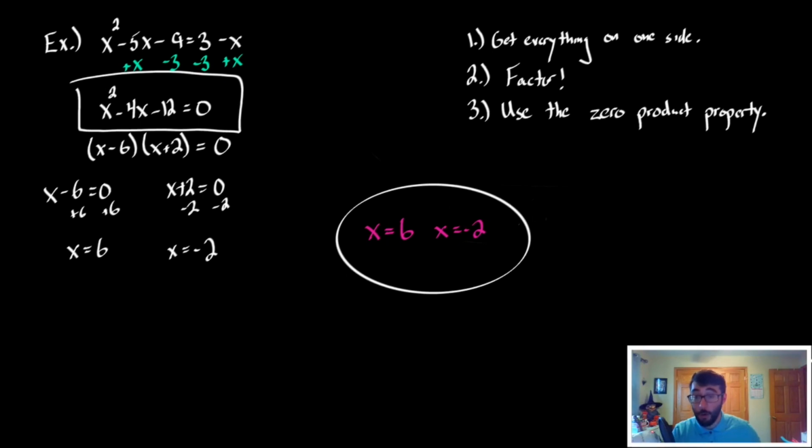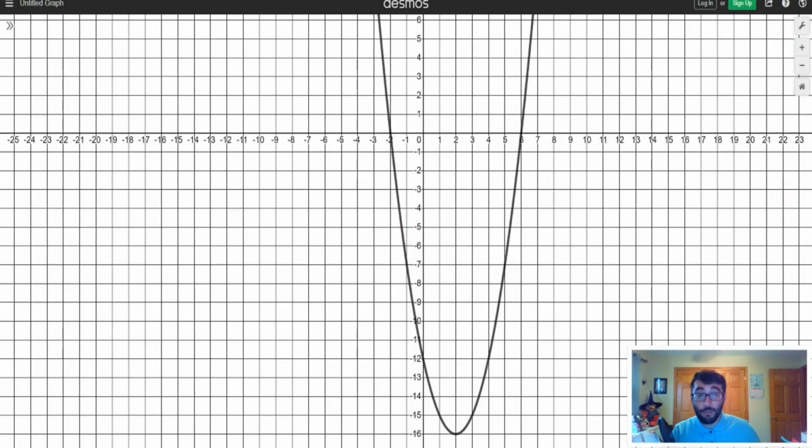And that's exactly what we end up seeing here. So if you look at this graph, we cross at positive 6 and negative 2. So what we're actually finding are the x-intercepts. That's always a way you can double check your work to make sure that you did it correctly.